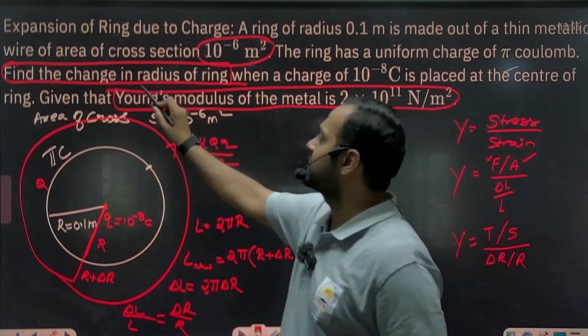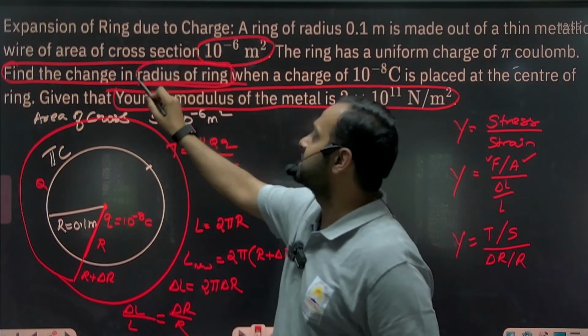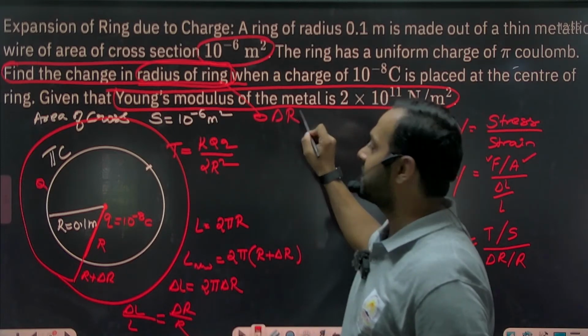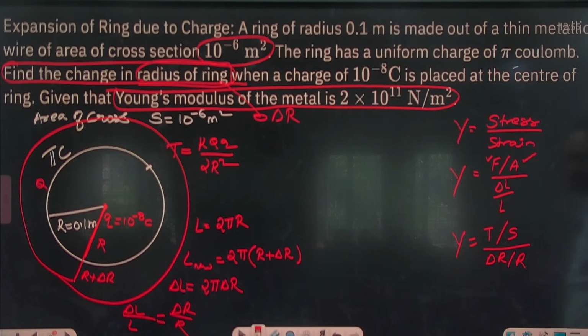They are asking to find the change in radius, that is delta R. From this formula, delta R is T into R divided by Y into S.